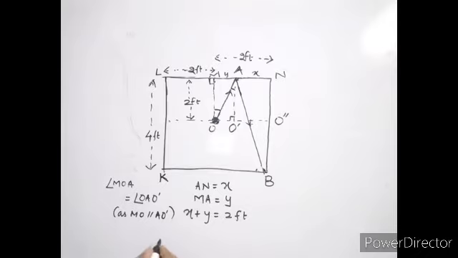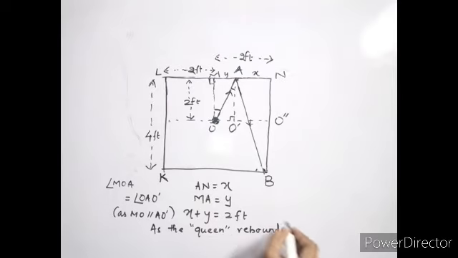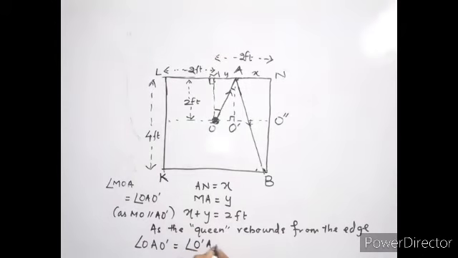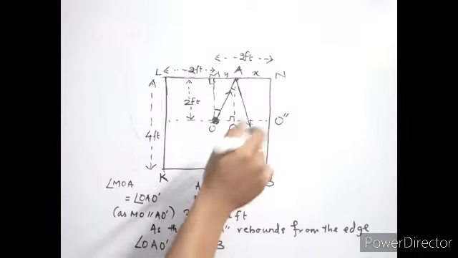Similarly, yes, because they are parallel, as the queen rebounds from the edge that is given, we can say that the angle OAO dash will be equal to O prime AB.